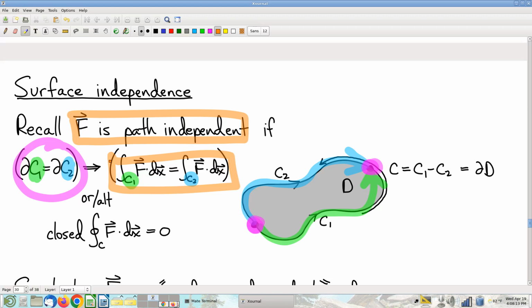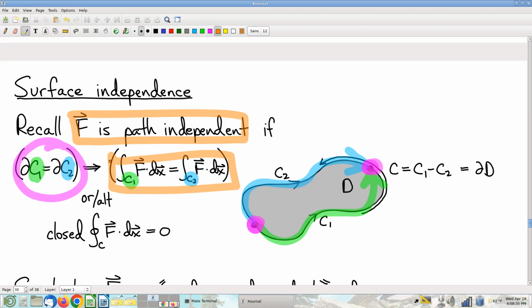The value of the line integral is independent of the path that you compute it on, with the asterisk that, yes, the boundary has to be fixed. Therefore we call these path-independent vector fields. Okay, I hope this looks familiar. Does everybody remember path independence?